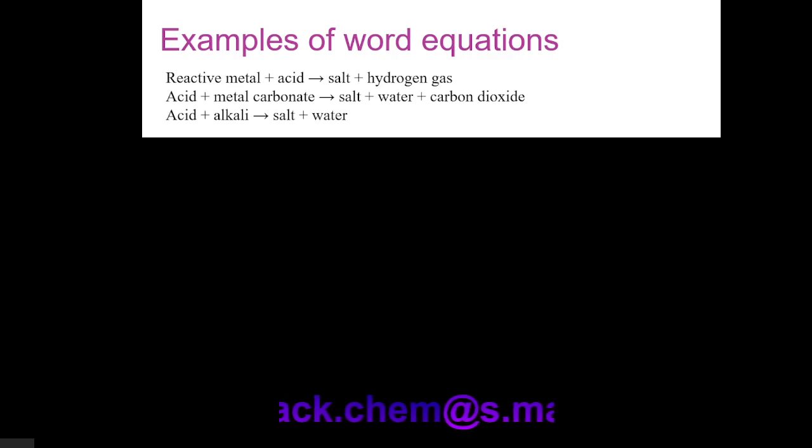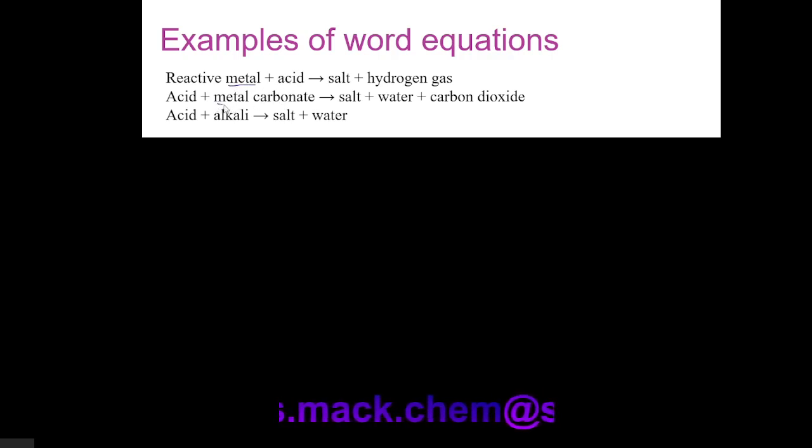But before we do, I just want to touch on the fact that the salt has a first name, right? So this first name, where does it come from? If we look at our three word equations, we're going to see that a metal reacts with an acid.